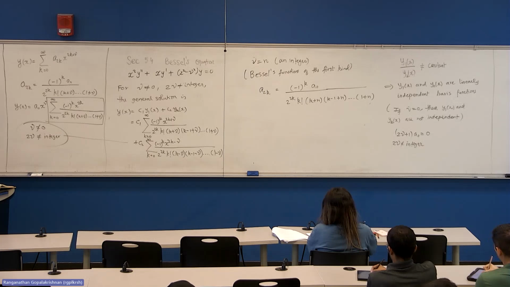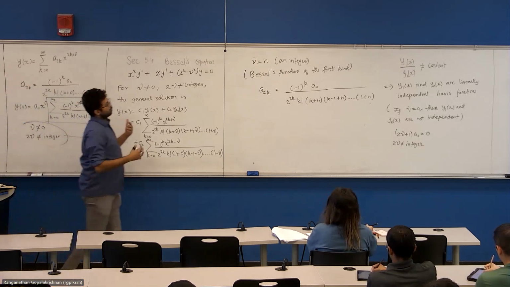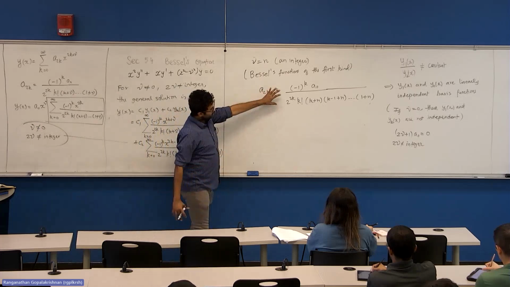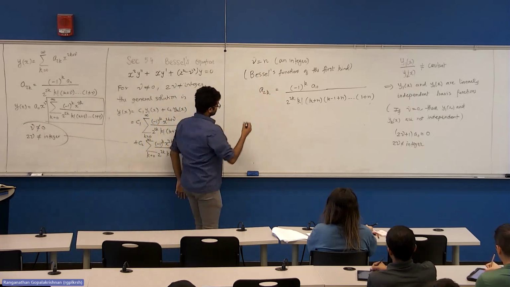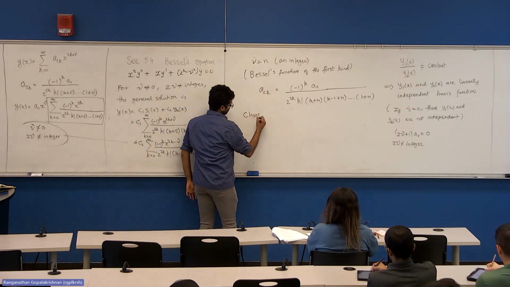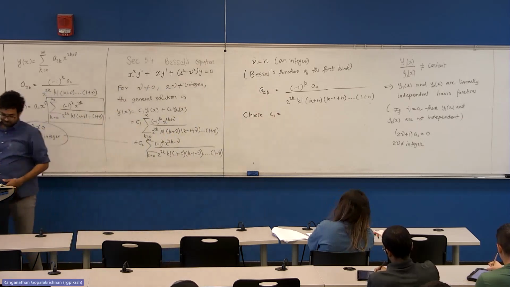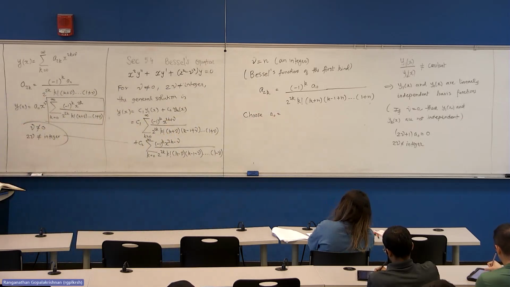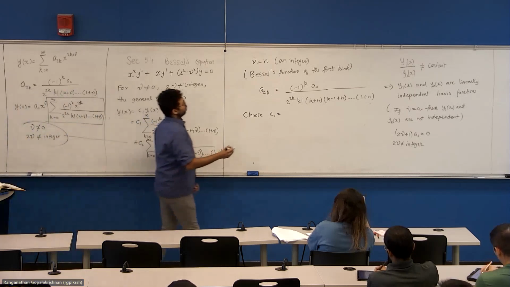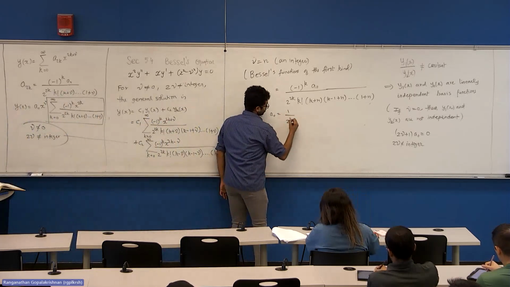A naught is just some constant which we don't know about, but to derive some compact forms, let us choose a naught equal to, obviously I didn't come up with the choice, that's why I have to look up, 1 over 2 power n times n factorial.